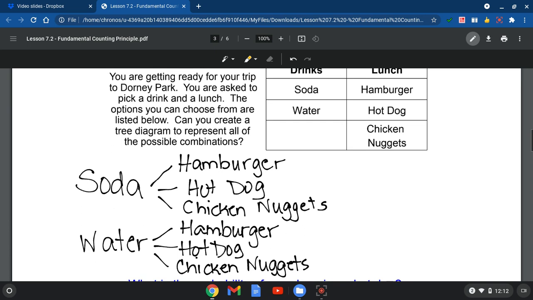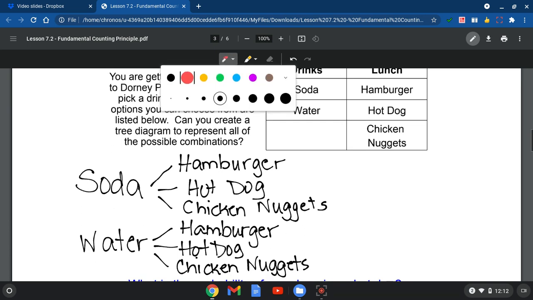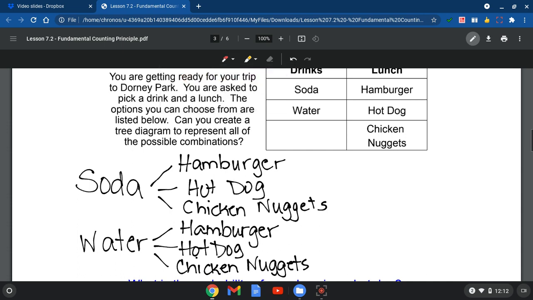So therefore, there is a sample space of 6 different possibilities or combinations. You can have soda with hamburger, soda with hot dog, soda with chicken nuggets, water with a hamburger, water with a hot dog, or water with chicken nuggets. So there are a total of 6 combinations.